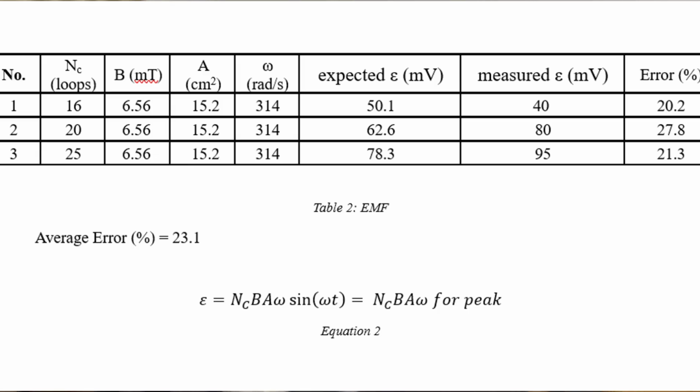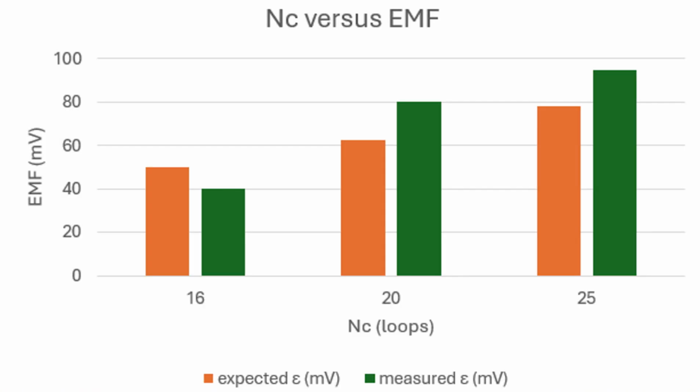The number 1 represents the 16 loop, the second one 20 loops, and the third one 25 loops. As you see, the values deviated considerably from the expected results, but the average error percentage is 23.1, and these are the graphs for the results I obtained.